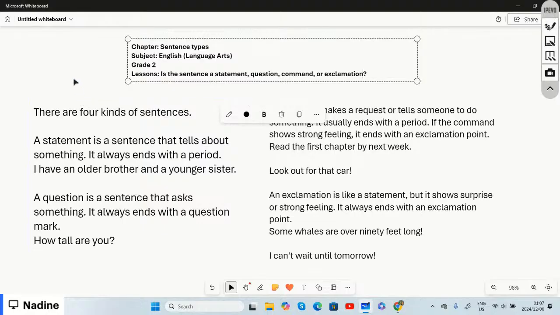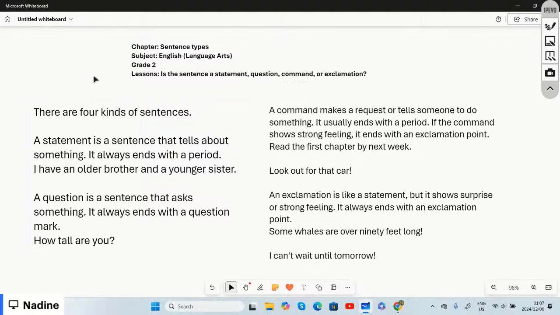All right, so we're going to say, is it a sentence? Is it a question? Is it a command? Or an exclamation?